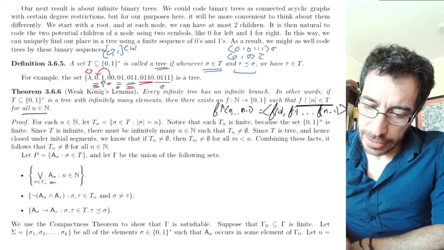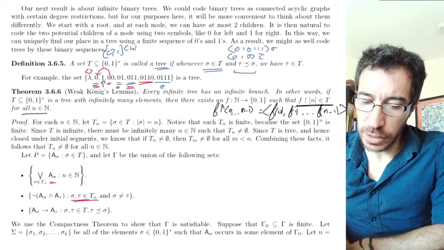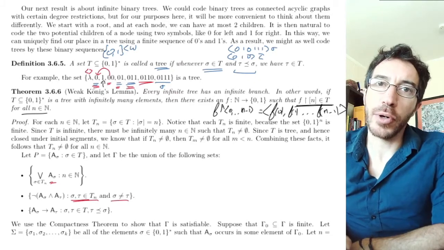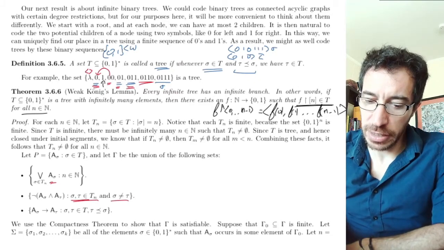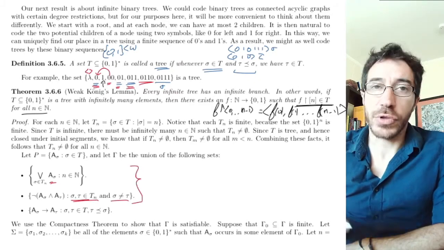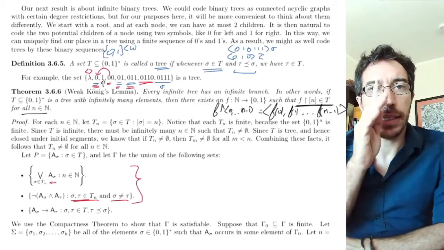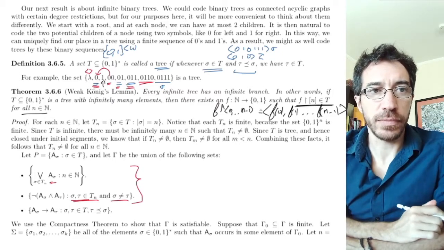And at each level of the tree, if you have two different ones, sigma different than tau, they cannot both be true. So the two of them together are saying that at each level exactly one of the A's is true.